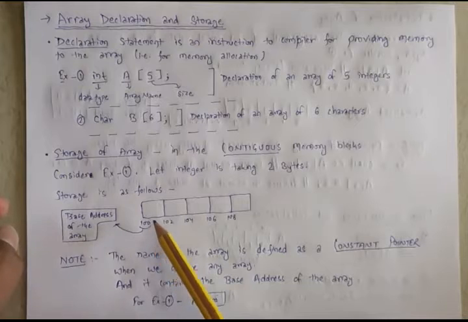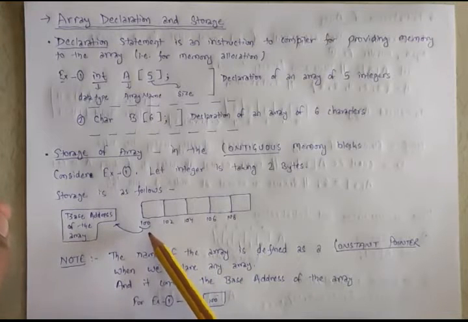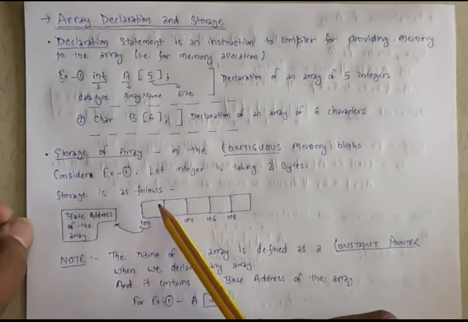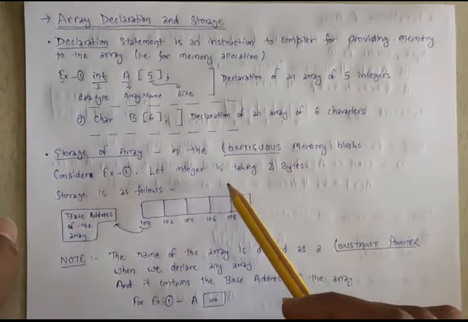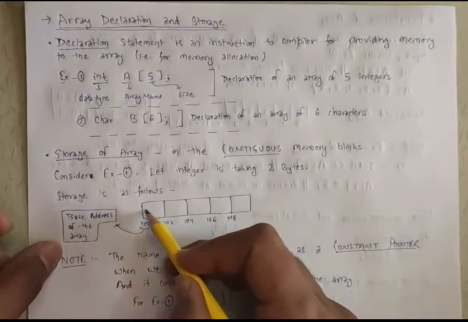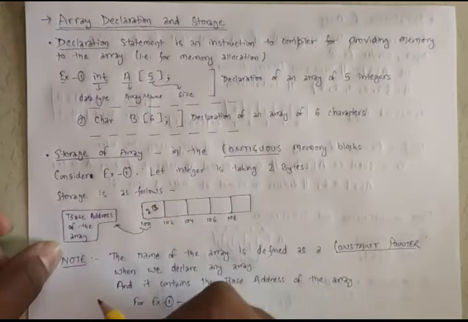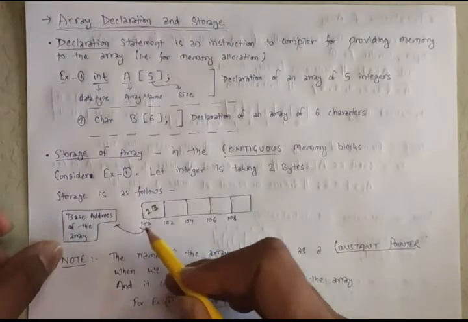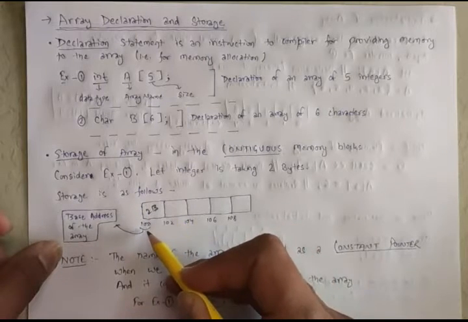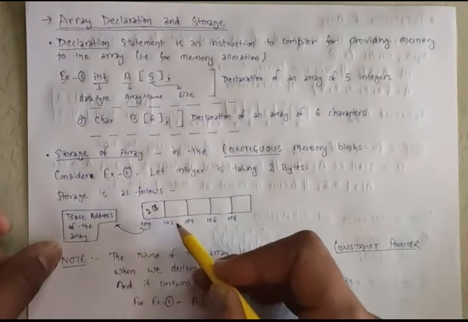Let's suppose the first element is stored at the address 100. As we have supposed that the integer is taking 2 bytes, this first element would be taking 2 bytes. So the next element should be stored contiguously, meaning the next element should be stored at 100 plus 2 bytes, that is 102.